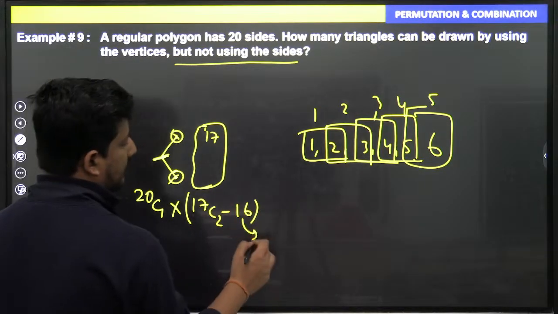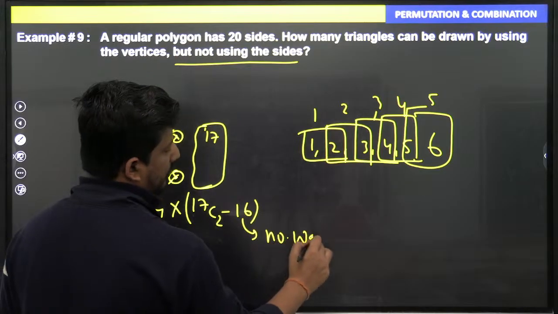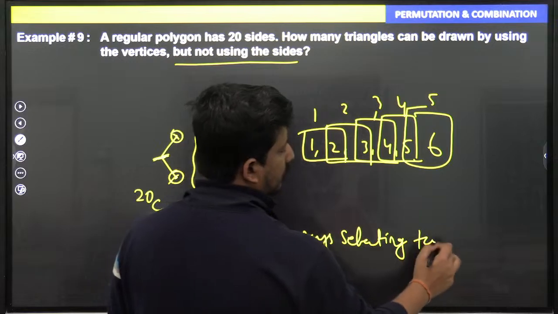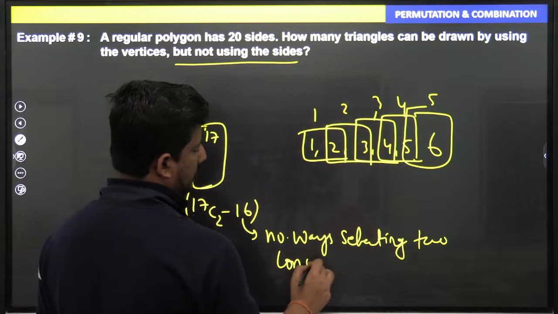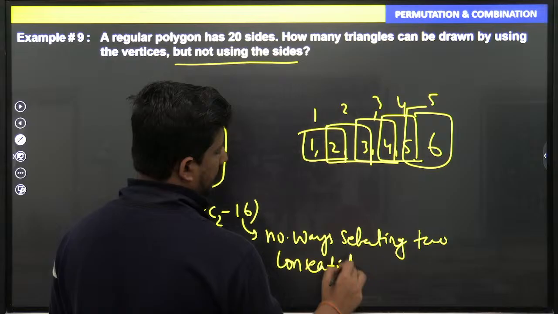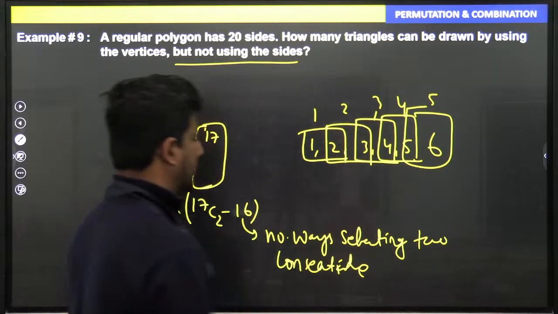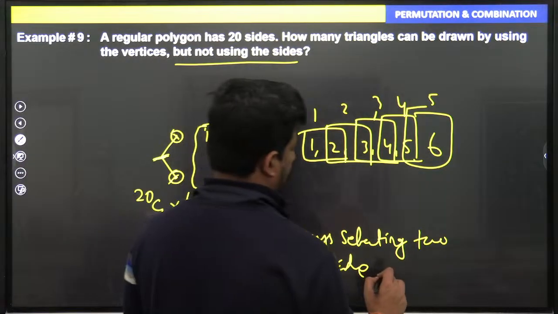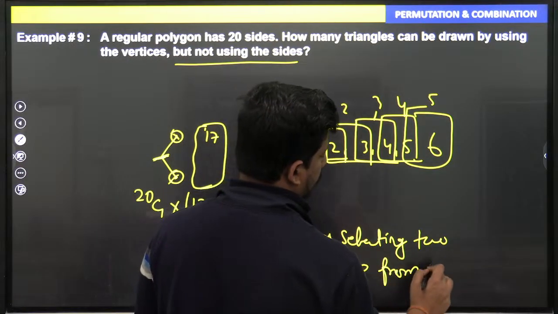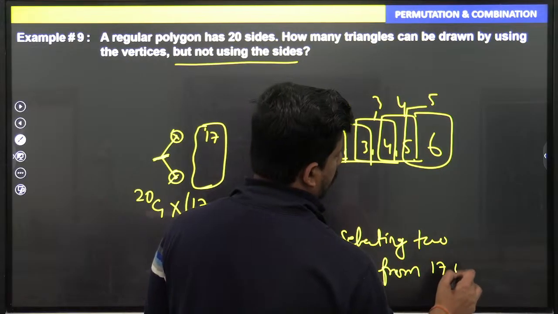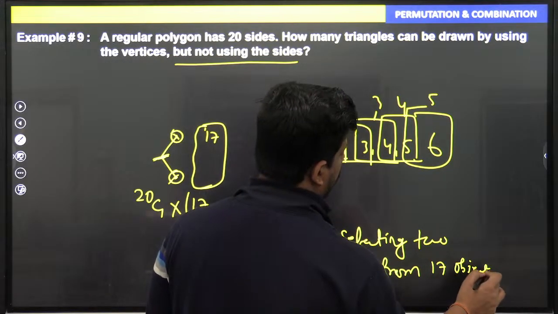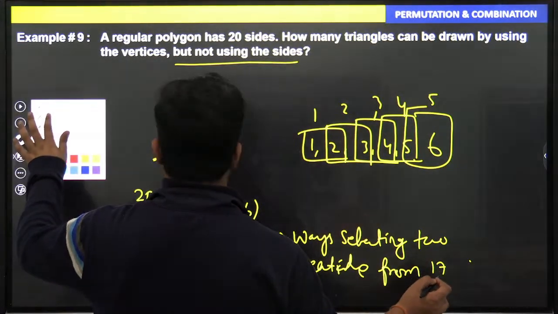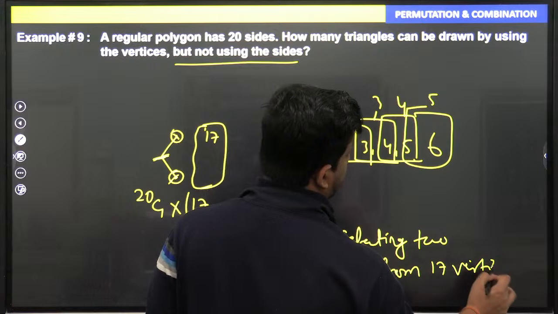This is the number of ways of selecting two consecutive, or adjacent, from 17 vertices.